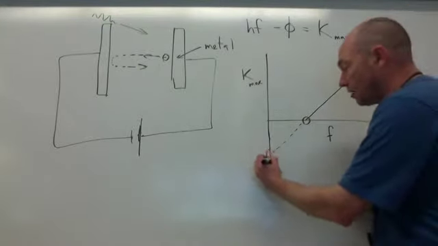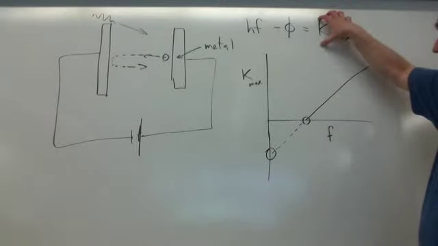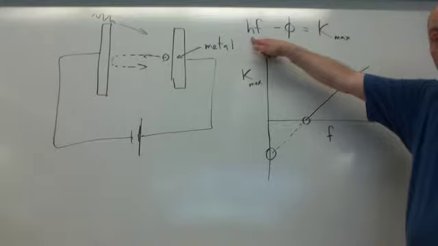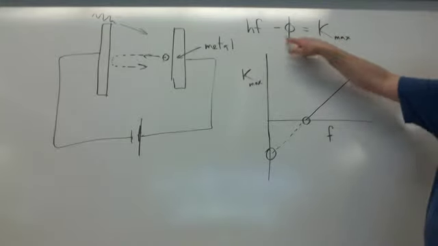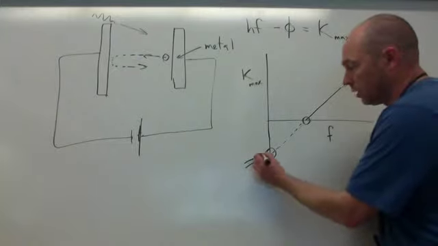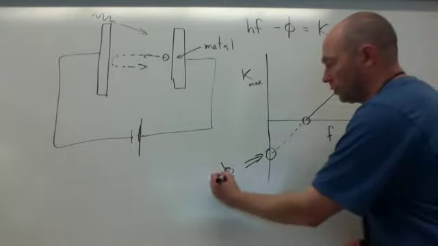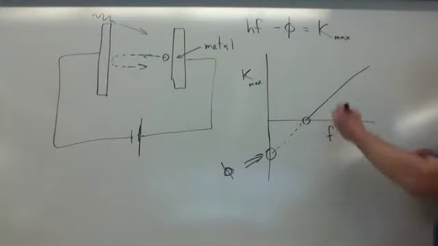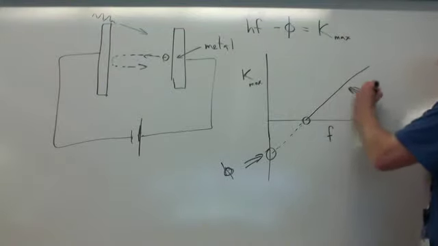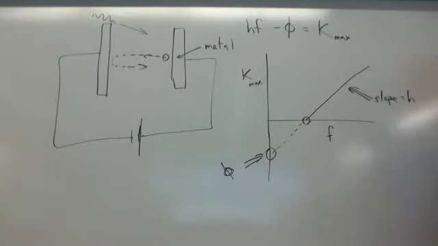But this value, if this is 0, would help you find the work function. And then the other thing, hopefully it makes sense, your slope is going to be equal to Planck's constant.